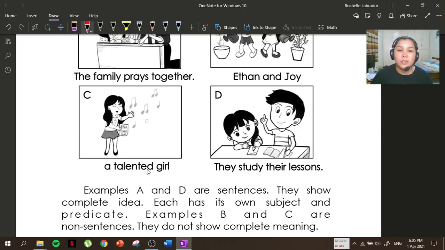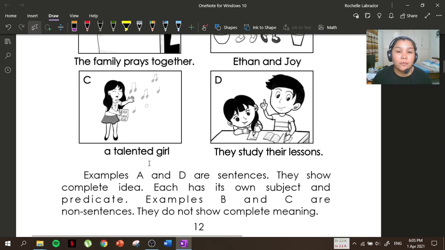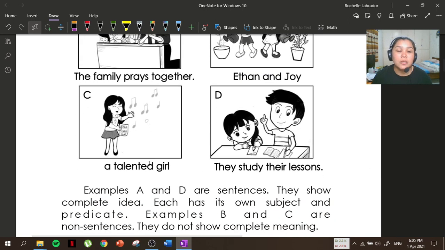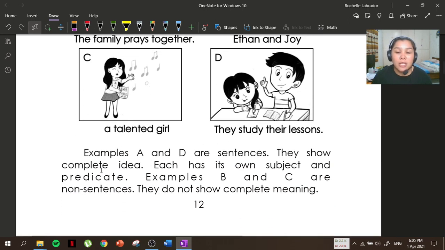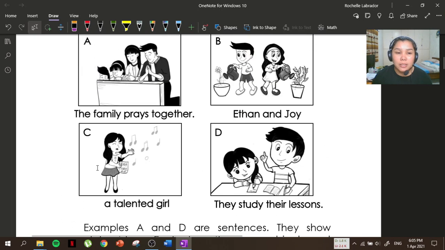So we have examples A, B, C, and D. From among the four examples, examples A and D are sentences. So let's go back to the example. A and D, it means this one is a sentence. I'll make use of S that stands for sentence, and D is also considered as sentence.